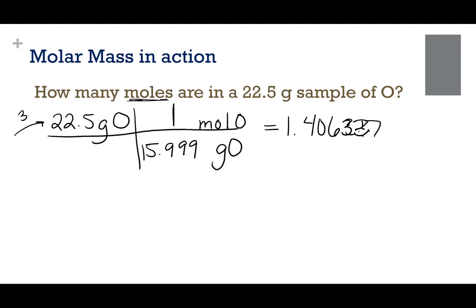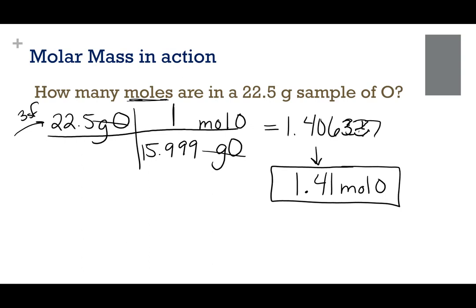So 3 sig figs here. So when I report my answer, I can only report 3 sig figs. So 1.41, grams canceled, and that is moles of oxygen. Okay. So now we can go into the lab, weigh out some oxygen, determine how many moles that is.